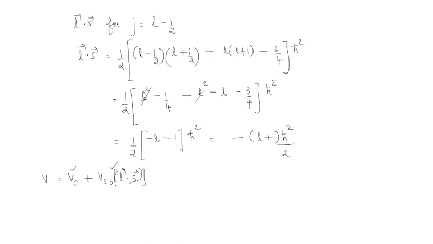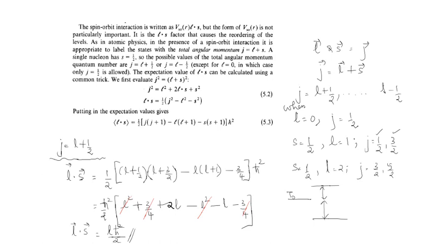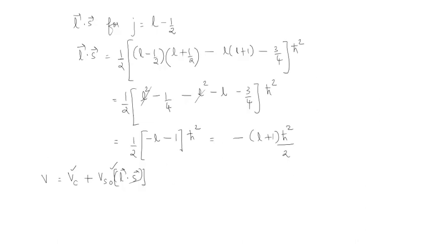Okay, so which level goes down? This level will go down. This level will be the deeper one, and the level L minus half will be the upper level.